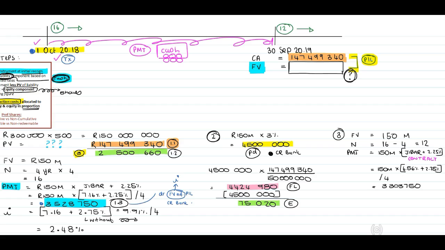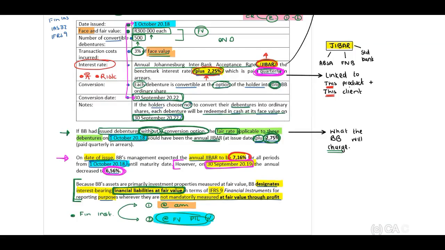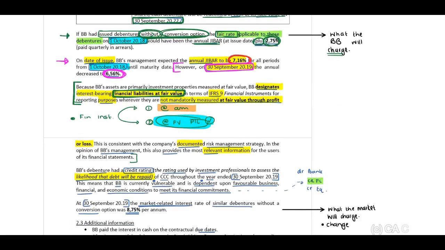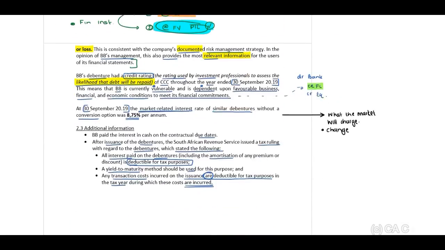Remember, our JIBAR has changed. This relates to this contract, JIBAR plus the 2.25%. Okay, now we still need to determine what is our I. Now, because we need to calculate the fair value, we need to use our market rate. When you refer to the given scenario, they've indicated to us on the next page.